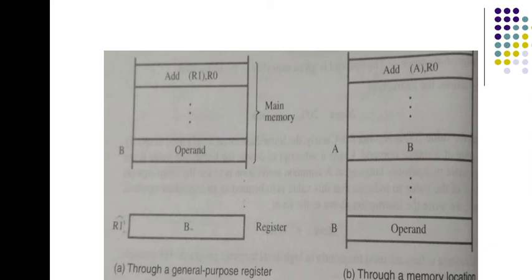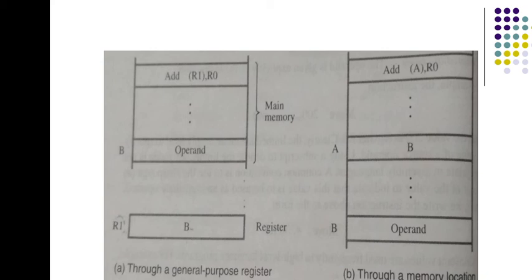The content b is stored in the address location A, and b is the address location of the operand. So this is indirect. It is not directly giving me the operand value, it is just giving me a hint where I can find the address of the operand. If I go to that particular address, I will find the operand.